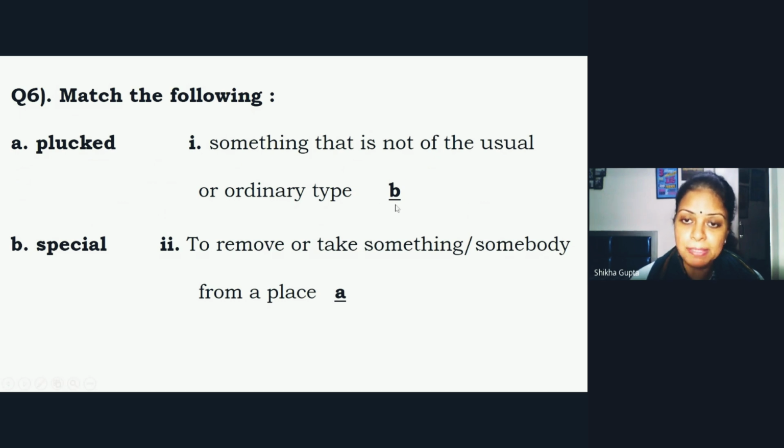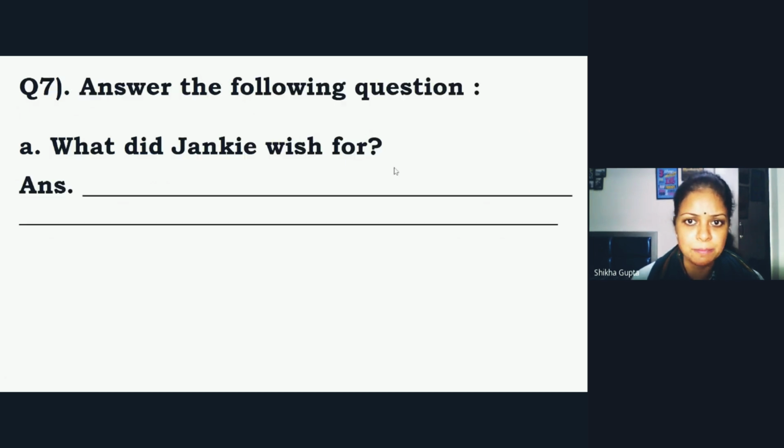So I've written B here and you can write special also here. So the answer is B and A.